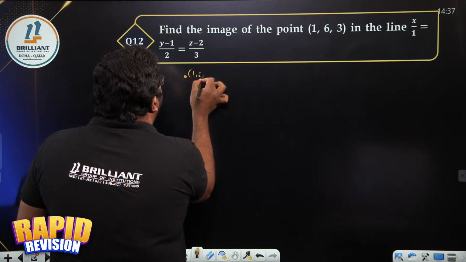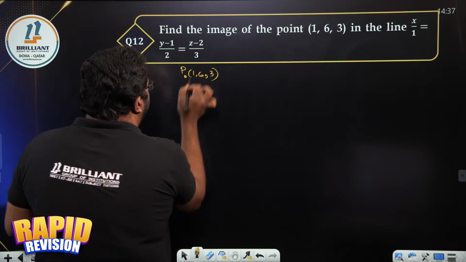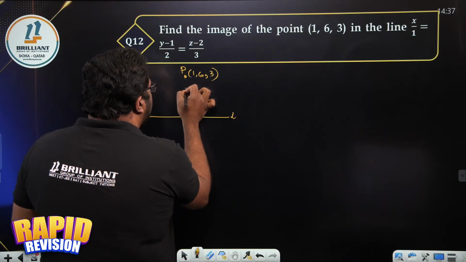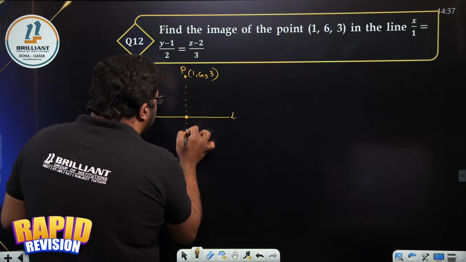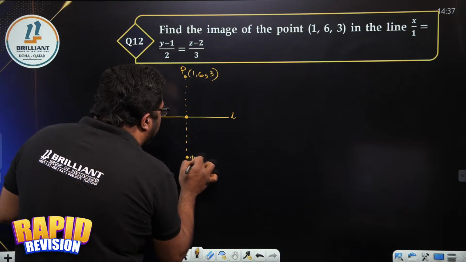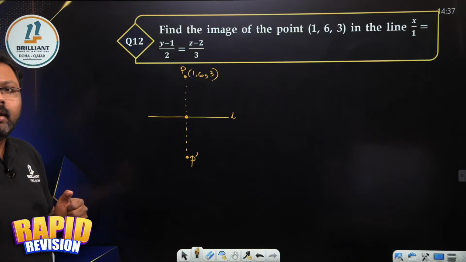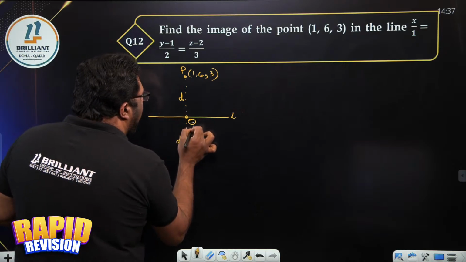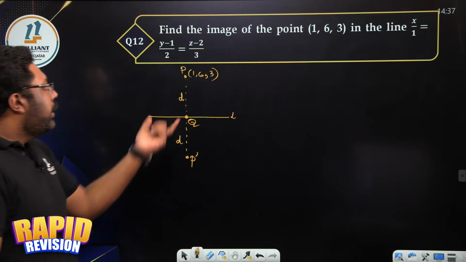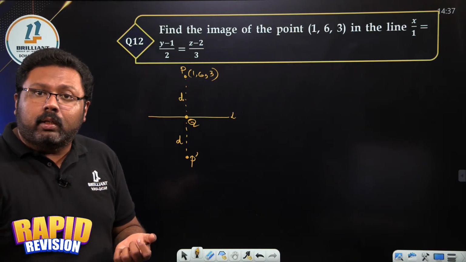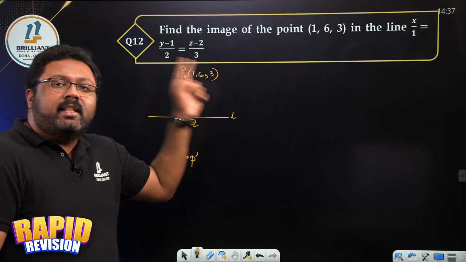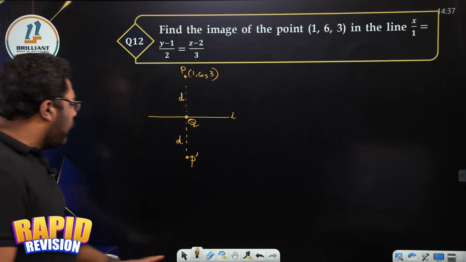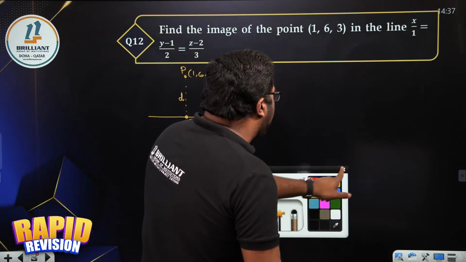This is (1, 6, 3), which again is my point P, and this point makes an image in this line L. And the image will be exactly on the opposite side of L at a distance which is equal on both sides, and we know this midpoint is Q. So they did not mention the word foot of the perpendicular, but when you're finding the image, it's necessary that you find the foot of perpendicular. So I do not have to explain how to find the foot of perpendicular. You all have just seen in the previous question.